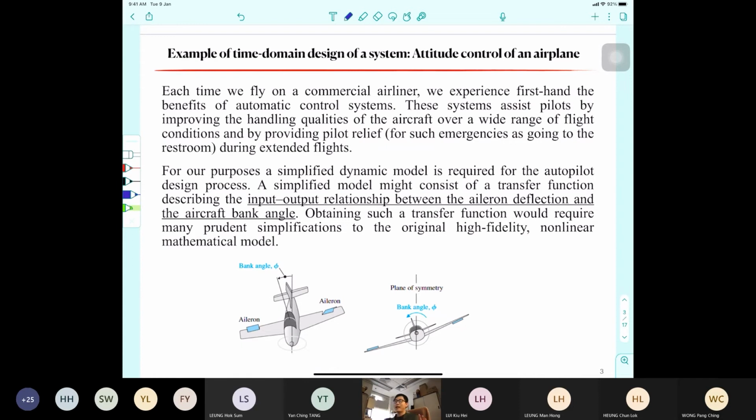We need to control the airplane to make it at the right airline, right? Sometimes we need it at a different latitude, right? That means a different height, right? Different level of altitude, and sometimes we need to turn direction, right?